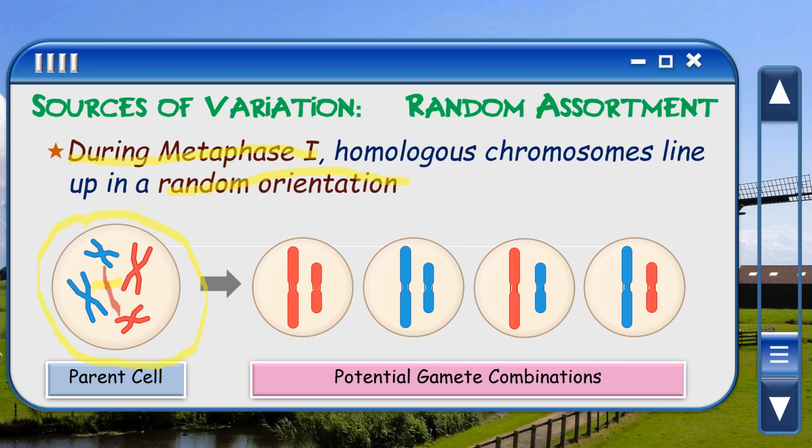Because of that alignment, what is going to happen when we are getting the gametes?